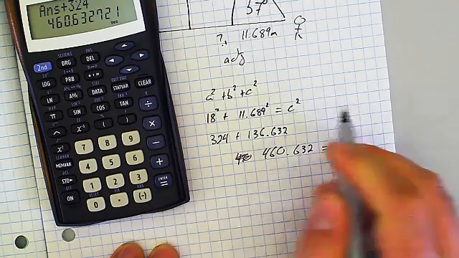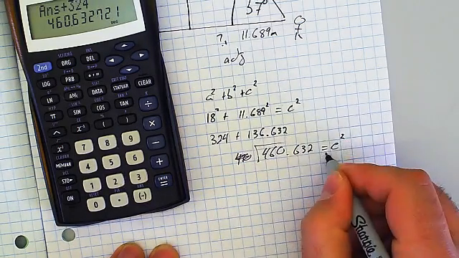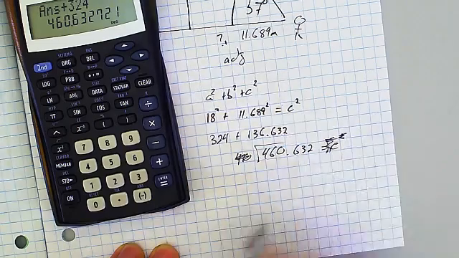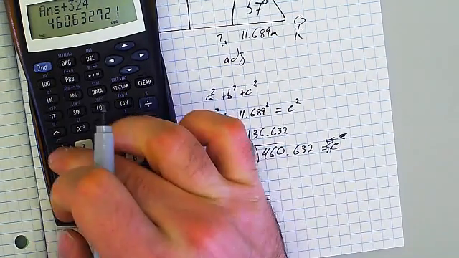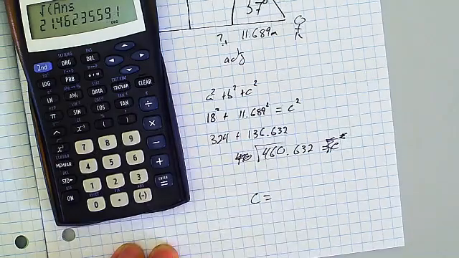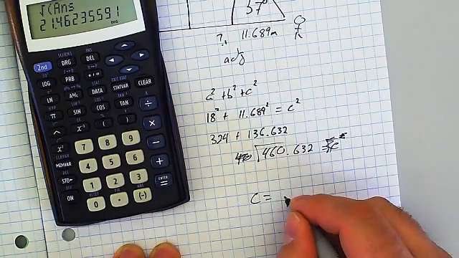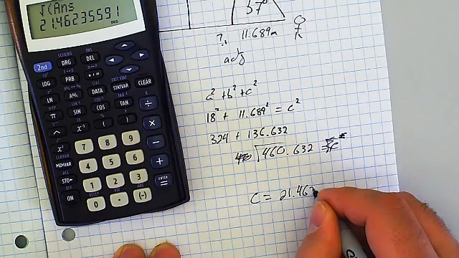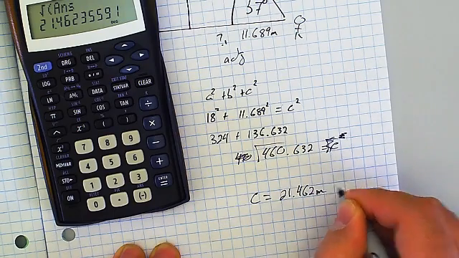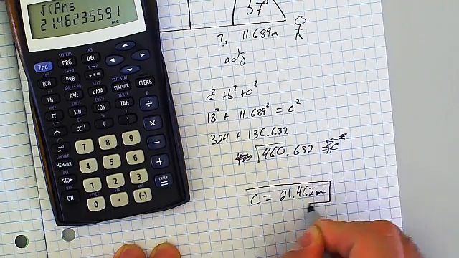To get rid of our squared function, I take the square root of both sides. And when I do that, it kills off our square. So lastly, when I take the square root of 460.632, I get a length of c, which is 21.462, and this would be in meters.